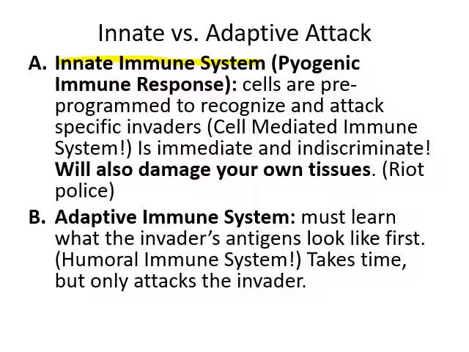Now, I said that these cells are born knowing how to recognize and attack certain invaders. An example of the invaders they are born recognizing and knowing how to attack is a bacteria called Staphylococcus aureus.